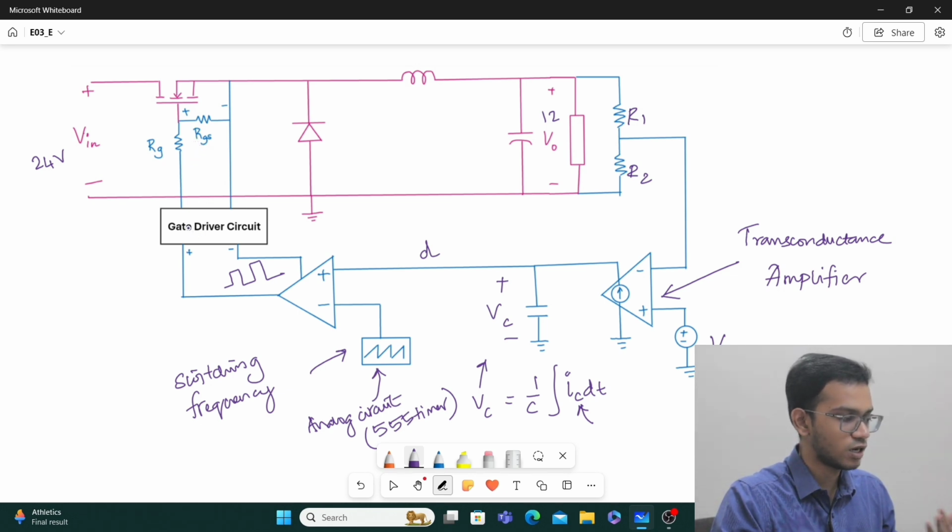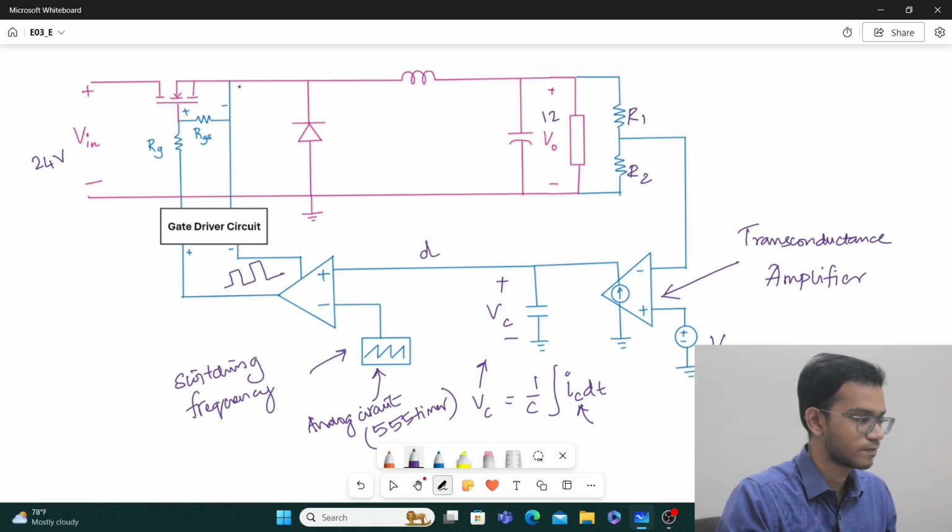So this may be an isolator plus gate driver circuit. You may use an optocoupler or something like that. Essentially, we are feeding this signal into a gate driver circuit, which will in turn drive our switch through the gate resistance and gate to source resistance.